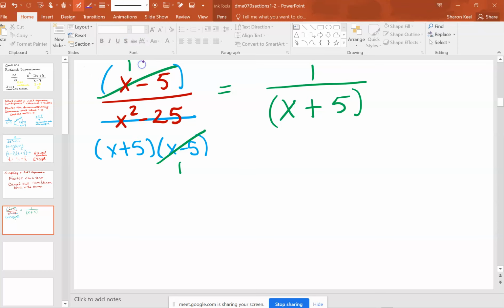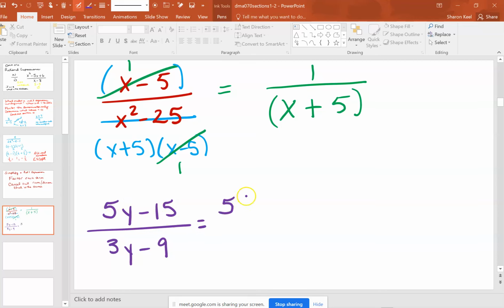Let's do another one. I'm still using what you've got here in your workbook on 7-9. Here we've got a 5y minus 15 over a 3y minus 9, okay? In this numerator, I can factor out a 5. When I factor out a 5, I'm left with y minus 3.